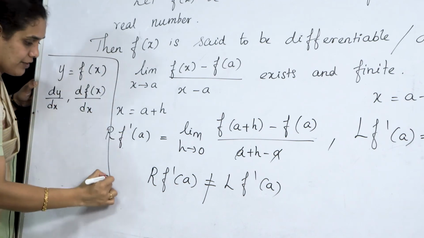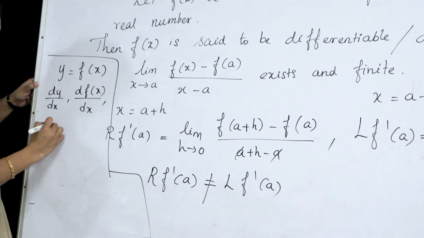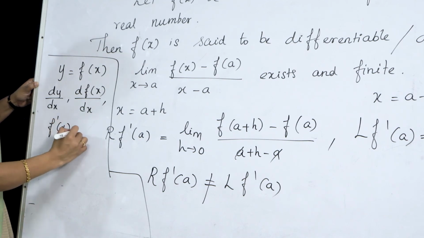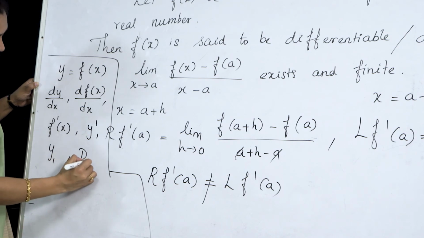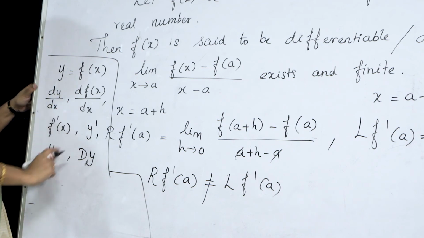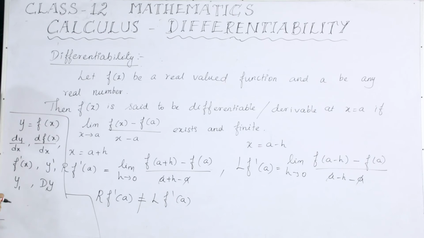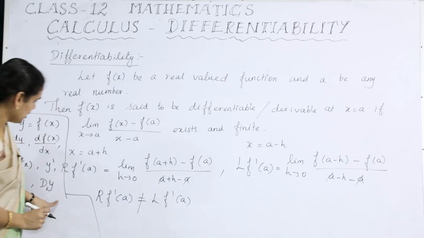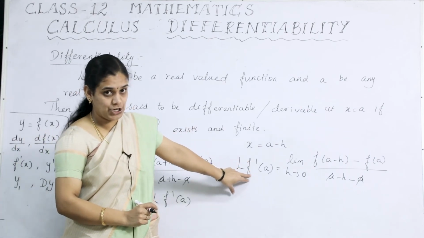Okay, we are deriving the value of y with respect to x, or f'(x), or y', y1 or D1 y. Alright, so in any of these ways you can represent the derivative. 1, 2, 3, 4, 5, 6. There are 6 ways to represent the derivative of f(x). Alright. Okay. Then the process of finding the derivative of a function is called differentiation.